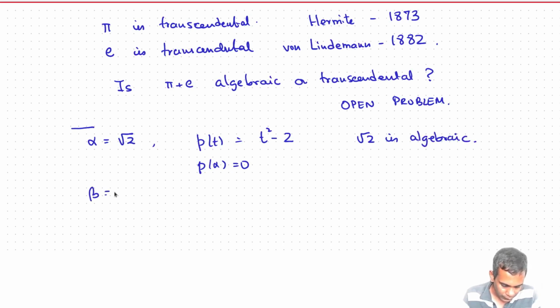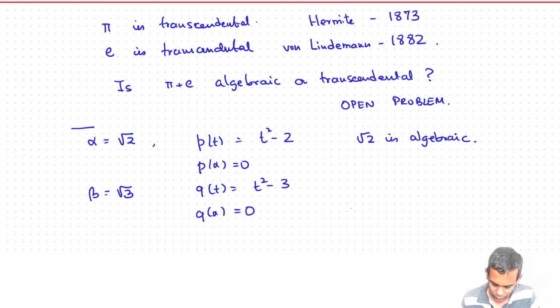What about square root 3? Well, now you can take p(t) equals t squared minus 3. Maybe we'll call it q(t). Then we have q(alpha) equal to 0. So square root 3 is also algebraic.